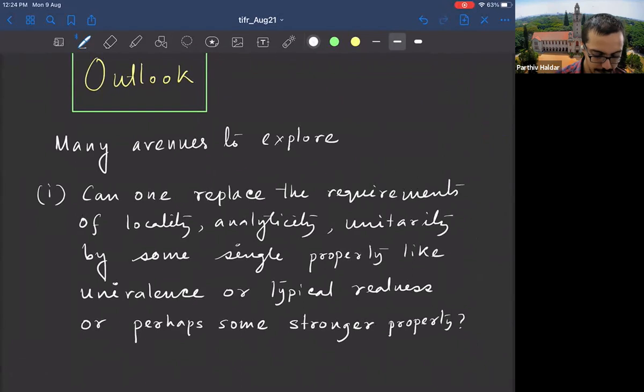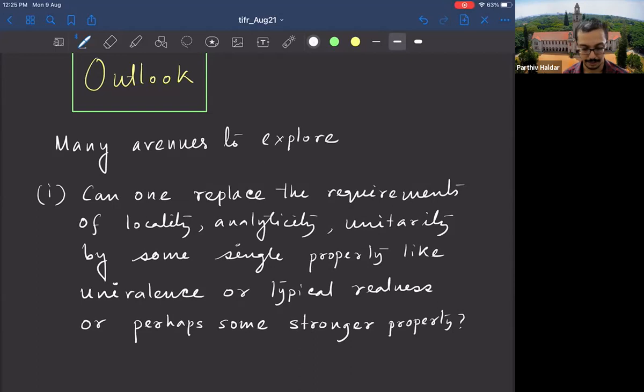Apart from the practical aspect of bounding amplitudes, on a much more philosophical level, because this entire discussion incorporates crossing symmetry in a rather natural way, you can ask whether one can replace the requirements of locality and analyticity, which is a consequence of causality, or unitarity, by some kind of single property like univalence, or maybe multiple properties, or typical realness, or perhaps some even stronger mathematical property.